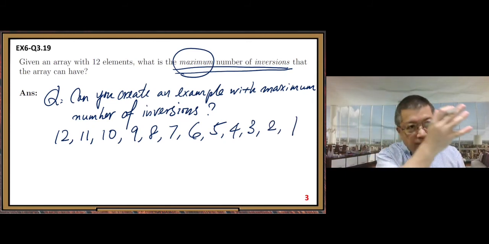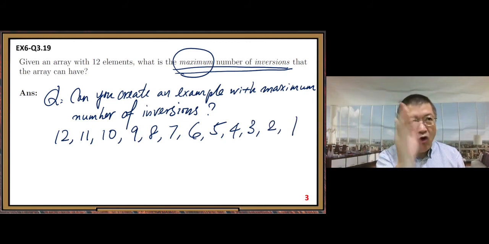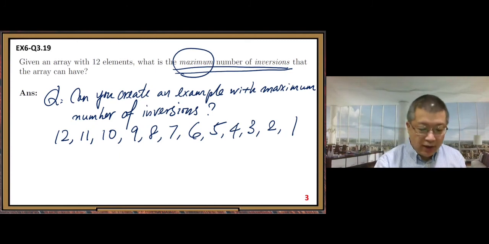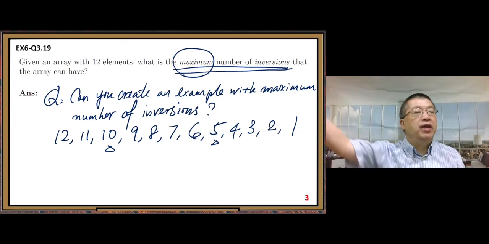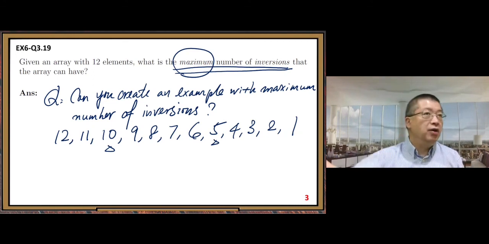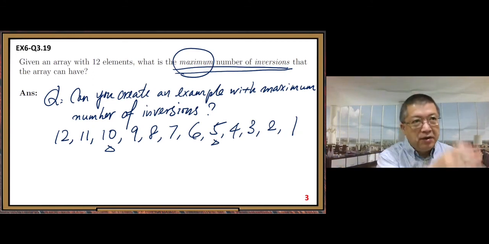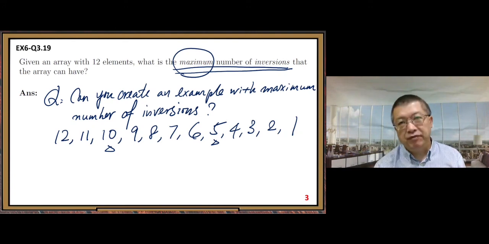Any two elements in the array form an inversion, right? Whatever you pick, one here, one there, the first one is always greater than the second one, because it is descending order. Then you count how many pairs you have.